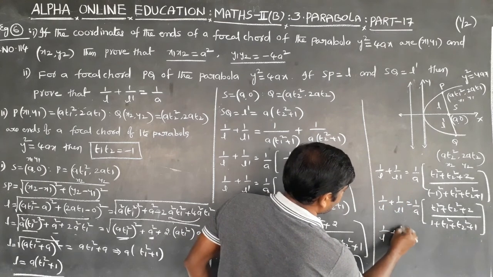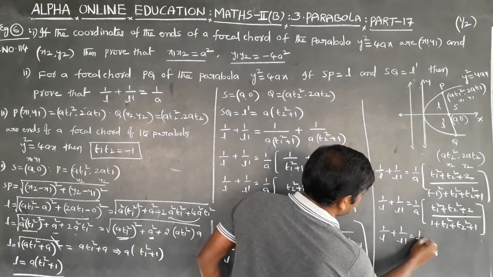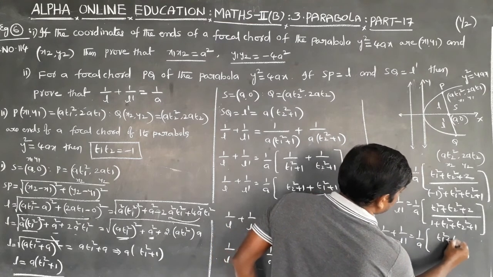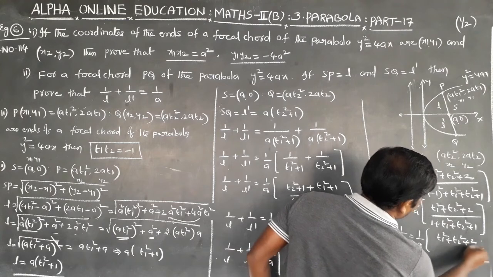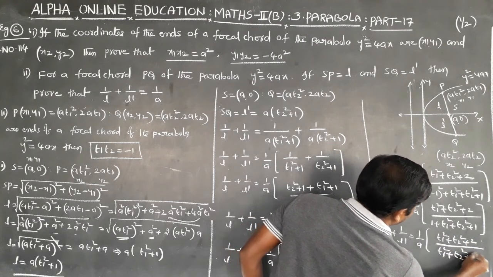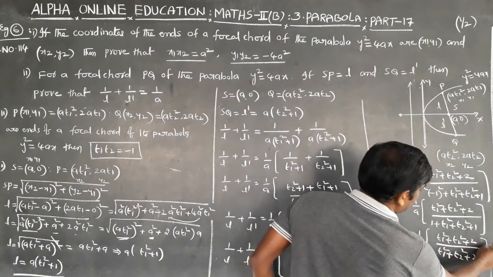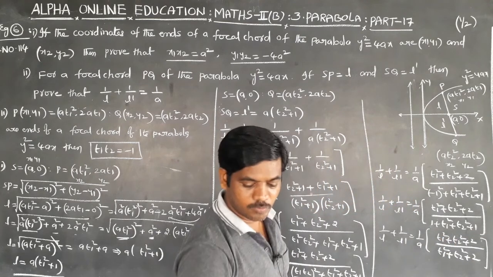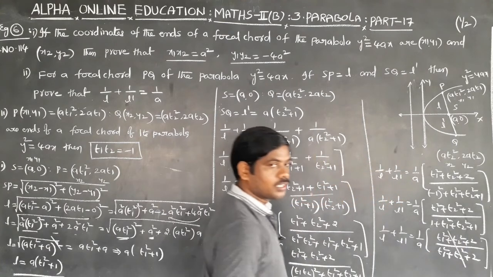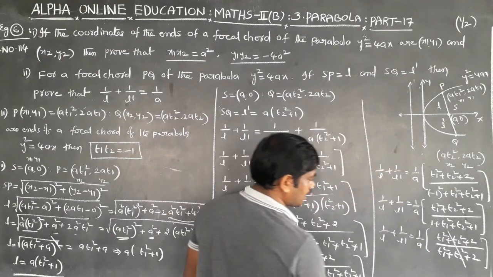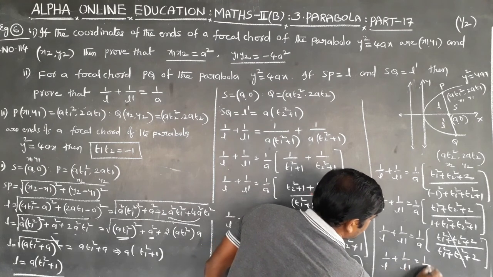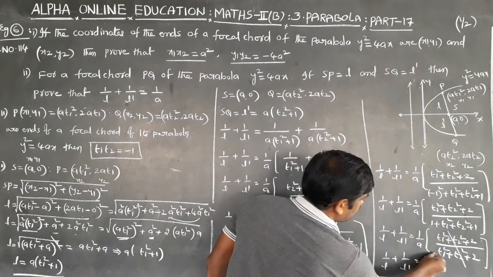So 1 by L plus 1 by L dash is equal to 1 by a into (t1 square plus t2 square plus 2) by (t1 square plus t2 square plus 1 plus 1, that is 2). The common factor t1 square plus t2 square plus 2 cancels. Therefore, 1 by L plus 1 by L dash is equal to 1 by a.